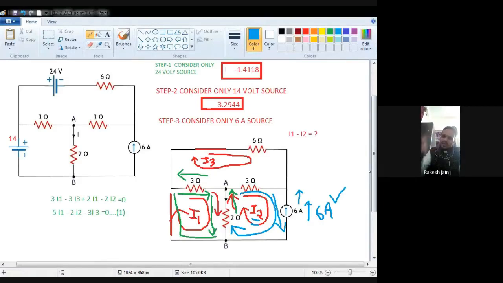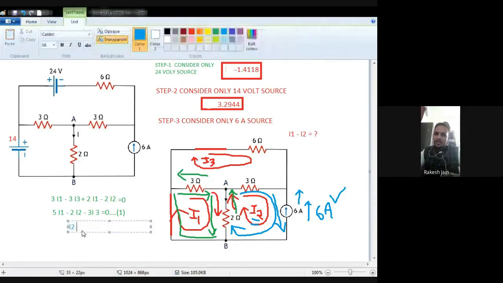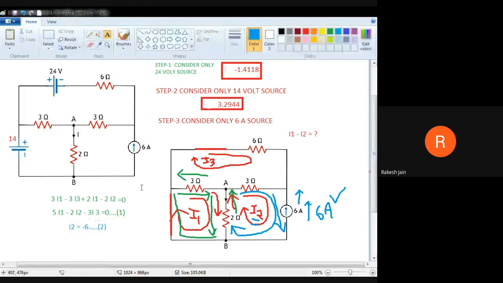So let's suppose this is my first mesh. My current is I1. Focus on that I1 is my answer only in this particular step. Don't see the left hand side. My first step answer is minus 1.4118.